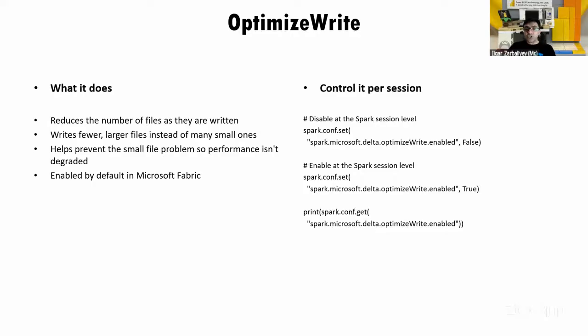If you do need to change that behavior, you can enable or disable it at the Spark session level using spark.conf.set, as shown here. And you can read the current value back with spark.conf.get, which is a useful habit when you are troubleshooting write performance.